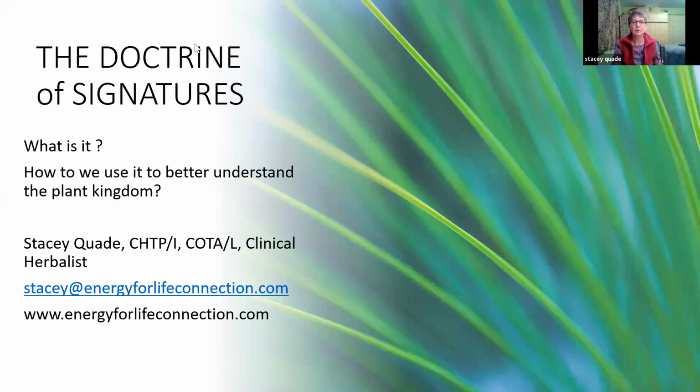There we go. So if you joined us last month, you know that we were going to talk about the Doctrine of Signatures today. And the Doctrine of Signatures is one of the ways that we understand the plant kingdom and use the plants to help us with remedies and figuring out what they are here to help us with.